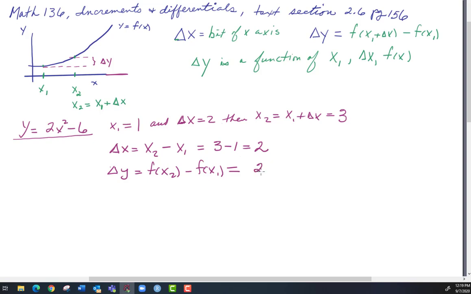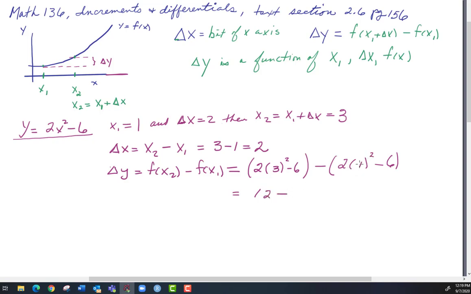So this would be 2 times (3 squared minus 6), minus (2 times 1 squared minus 6). 3 squared is 9, so 2 times 9 is 18. 18 minus 6 is 12.